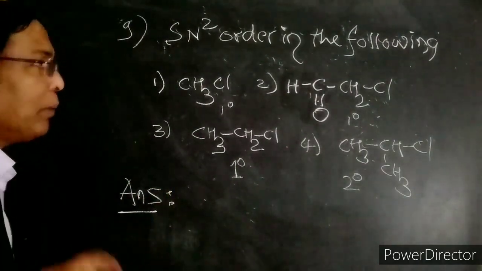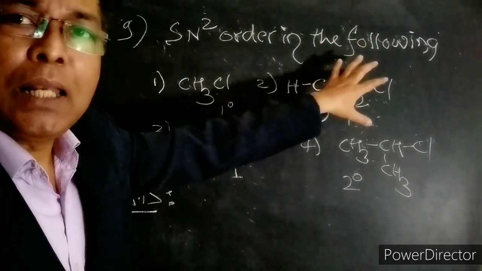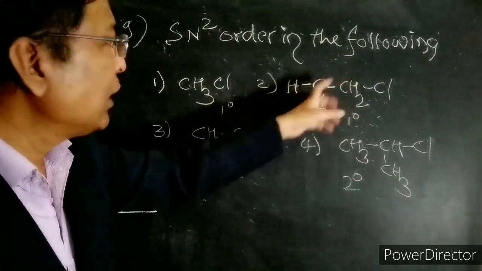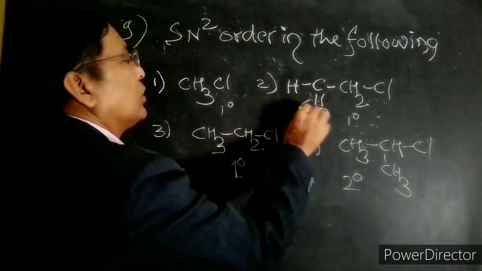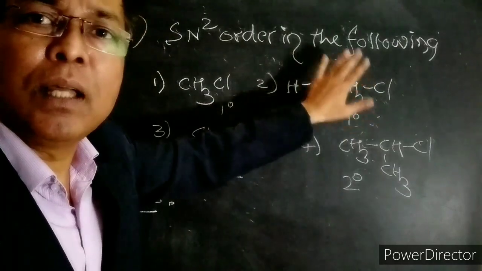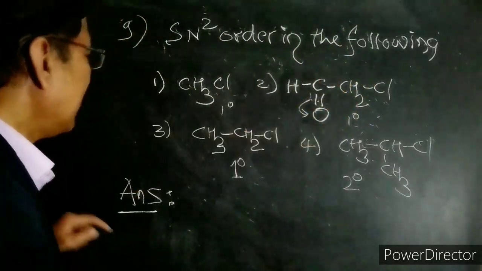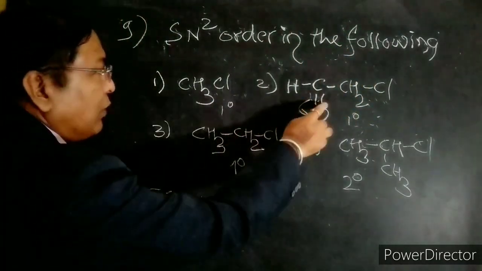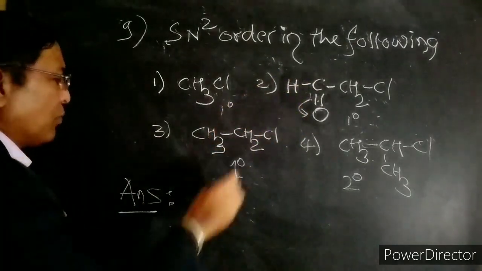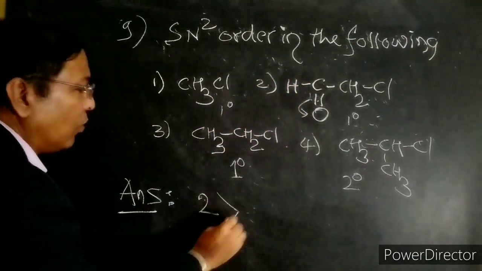One thing we have to remember, that when primary alkyl halides are there and electron withdrawing groups are present, oxygen is electronegative, it withdraws the electron, therefore it favors the SN2 reaction. Therefore, the one with the electron withdrawing group comes first, so the second will undergo SN2 reaction very rapidly.